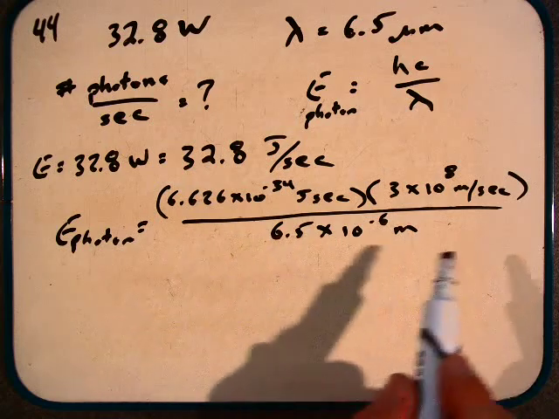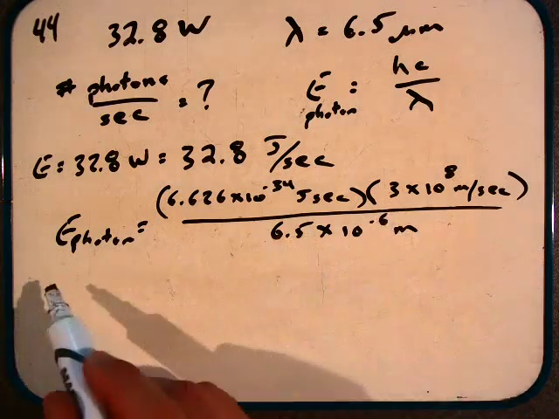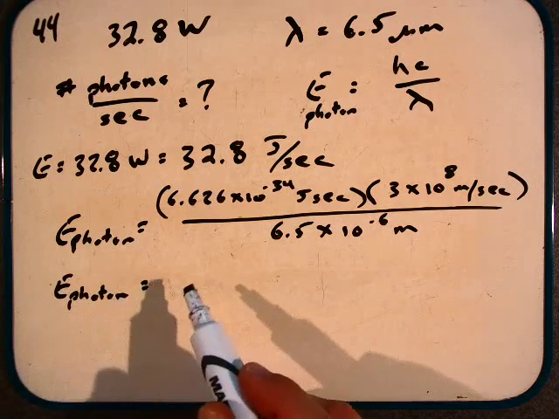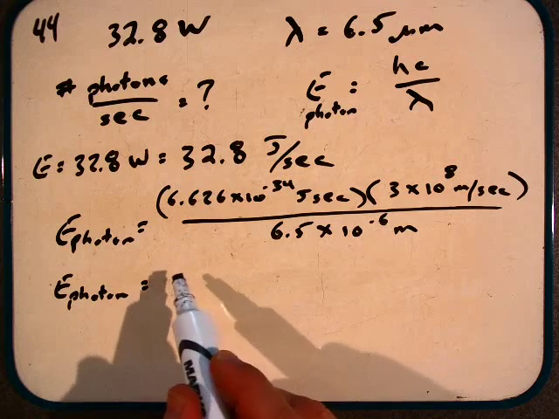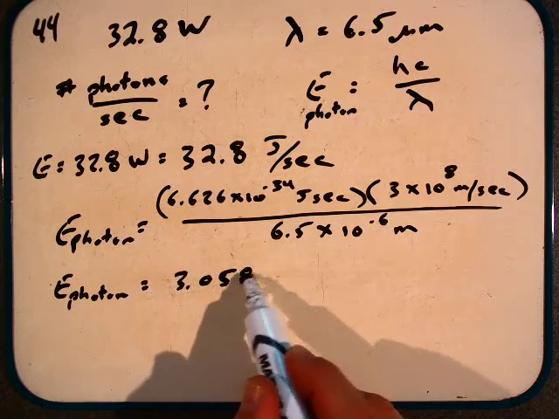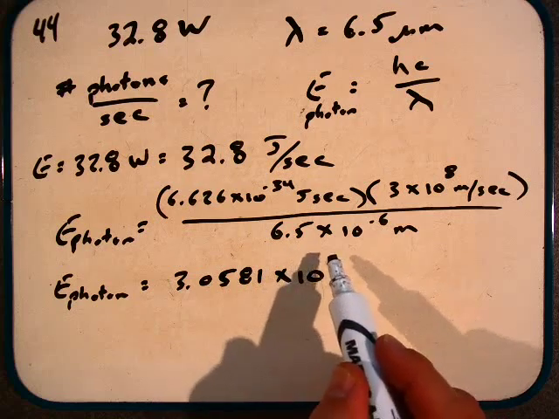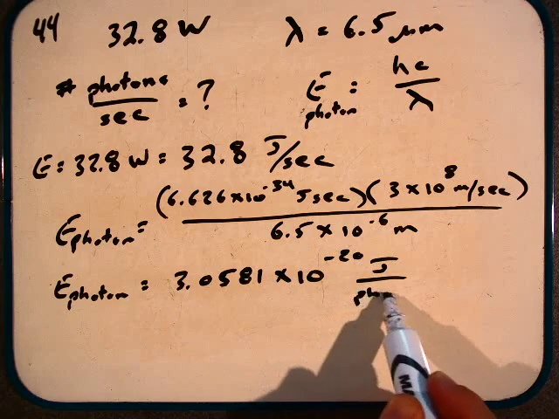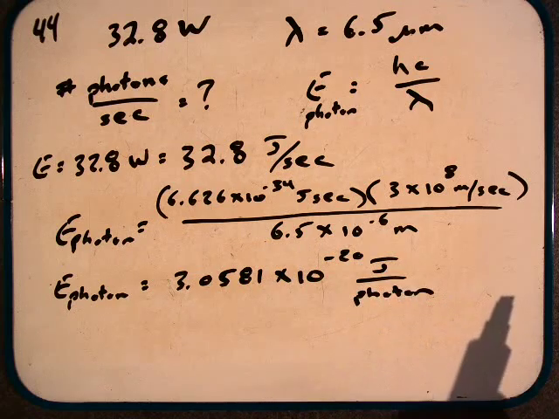So we have our Planck's constant, we have our speed of light, we have our wavelength, and when we plug those in, we can solve for the energy of one photon, and that energy is 3.0581 times 10 to the negative 20th joules per photon.